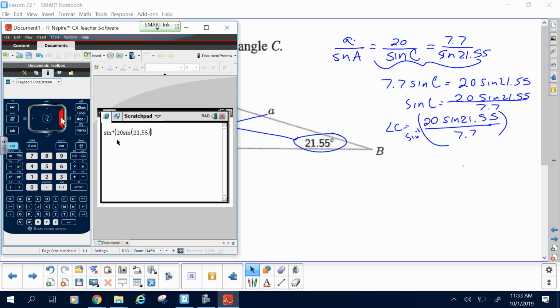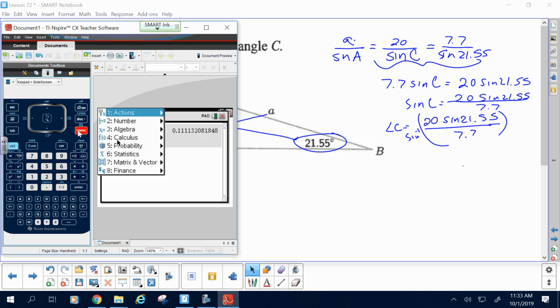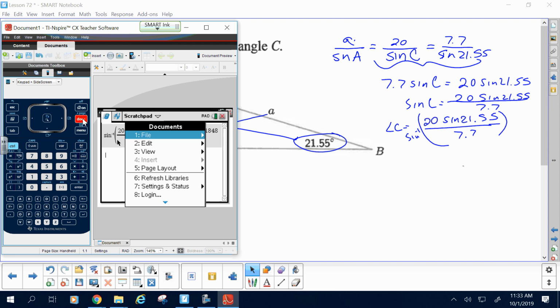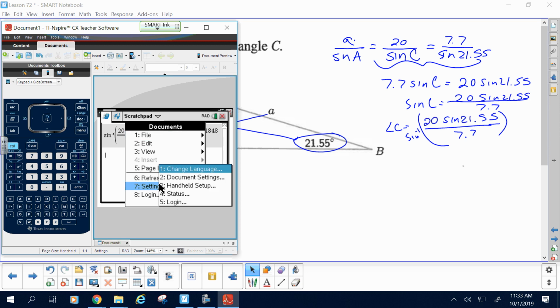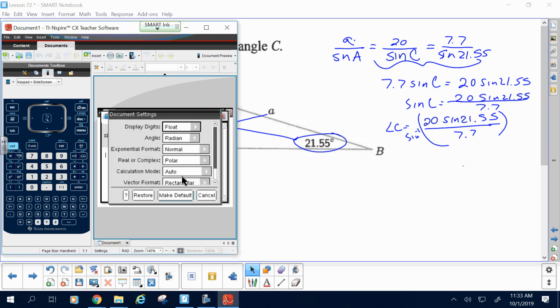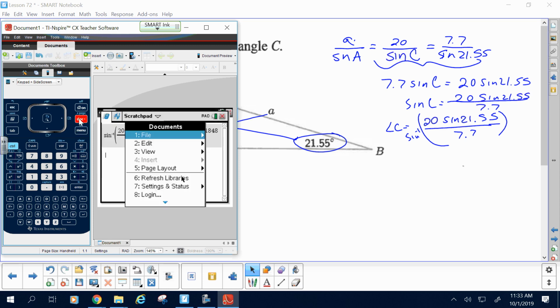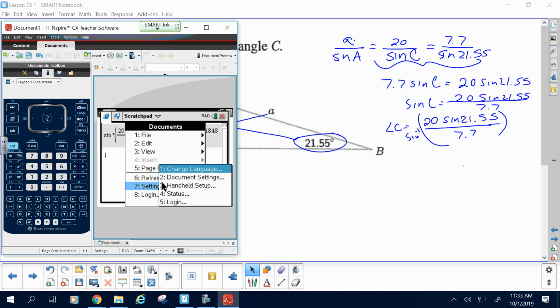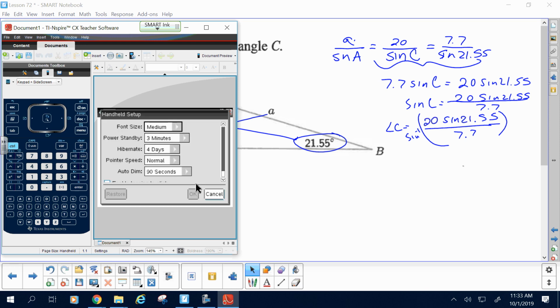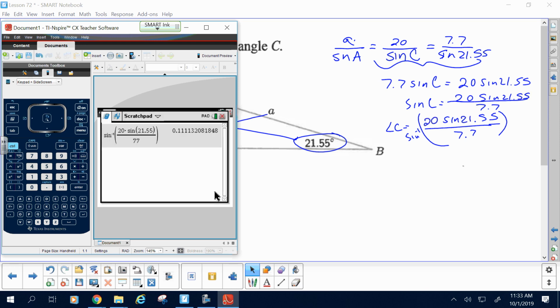I'll have to fix that in a minute. Settings. Dang it. What did you get in degrees?